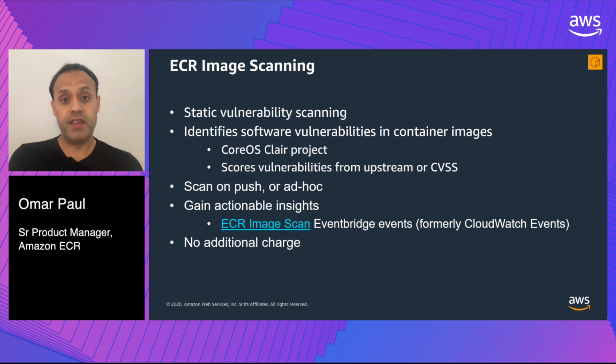ECR issues an event when a scan completes, and you use that event to derive actionable insights into the security of your container images. We fire an event to Amazon EventBridge, and you go from there. Lastly, scanning is no additional charge. So if you're an ECR customer and you push your images into us, we'll scan them for you.